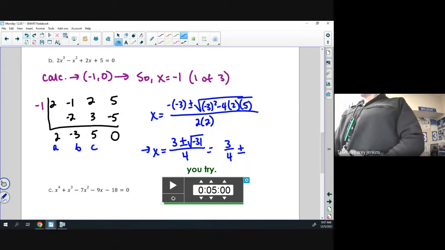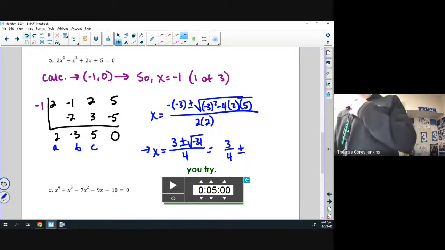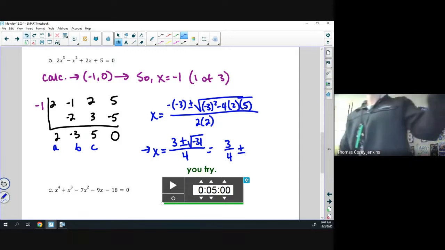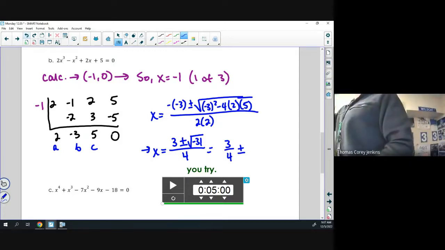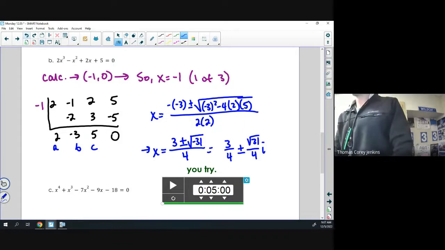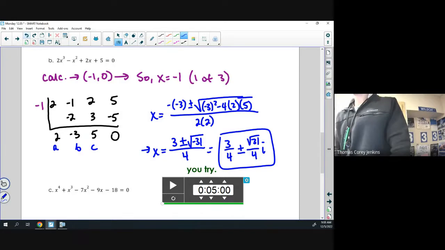Anybody remember from the last test? Yes? Put what on the outside? i, yep. And then you think about, can I reduce the square root of 31 down? You can't. So we'd say square root of 31 over 4 times i, or i square root of 31 over 4. You could write it down either way. So there's my last two.